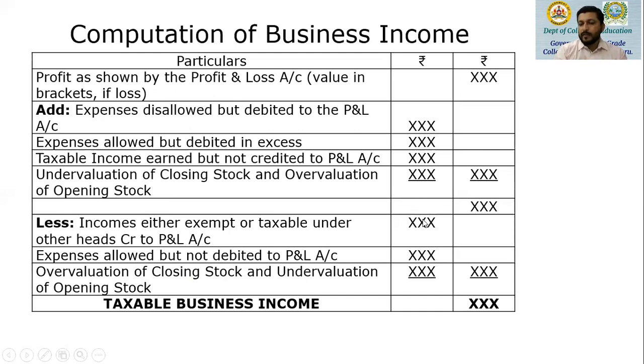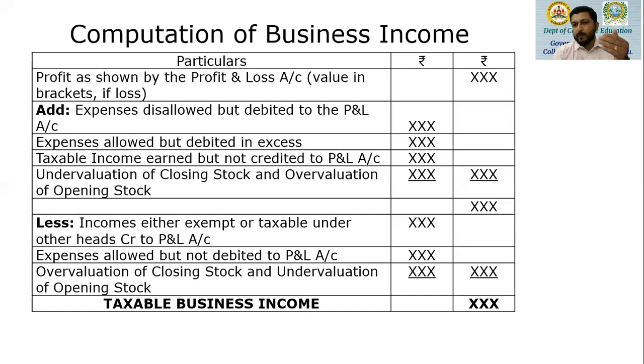So we add these three heads of income together, record it in the outer column, and deduct it from this particular income to arrive at what is called taxable income. So these are the basic headings that we consider in computation of business income.